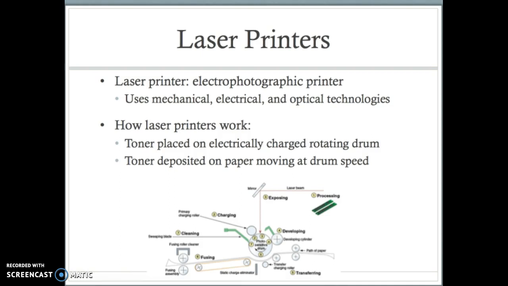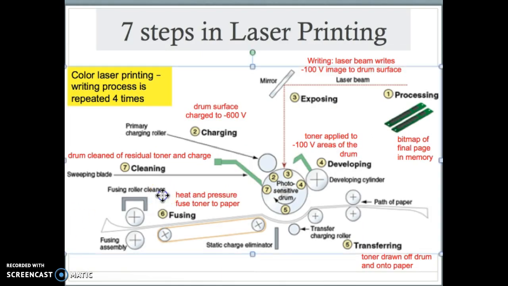There's a point in your chapter that's very good because it explains one of the things about laser printers and why they're kind of dangerous to work with unless you know what you're doing, and that is because they are highly charged electrically. So you have to be careful, and they have these 7 steps.